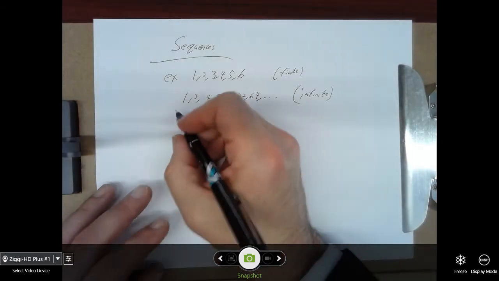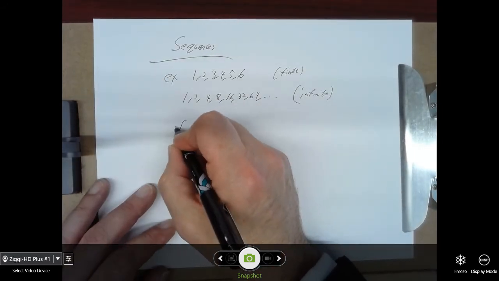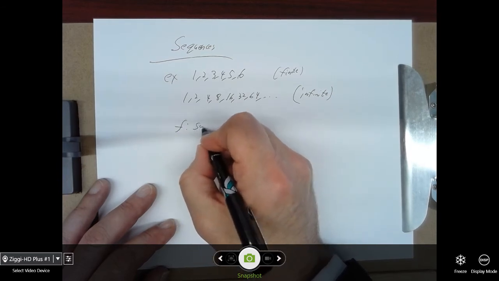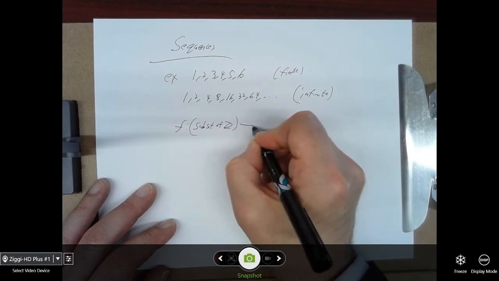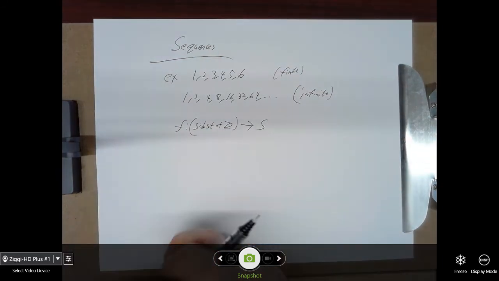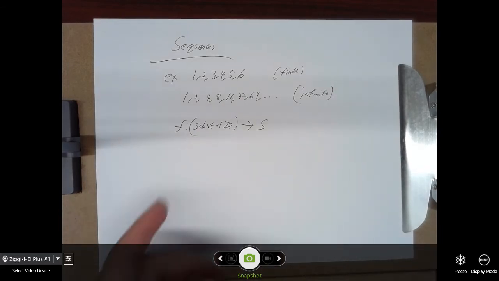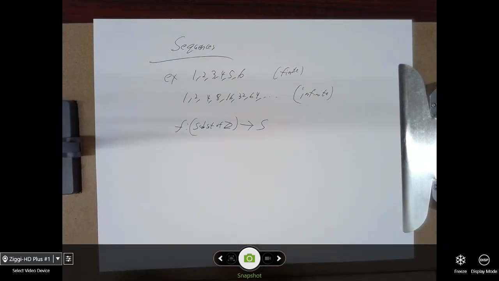But this is really a function from some subset of Z to some other set S. And it's a function from a subset of Z because these things are ordered, we can count them, just like we were doing with countable sets the other day.